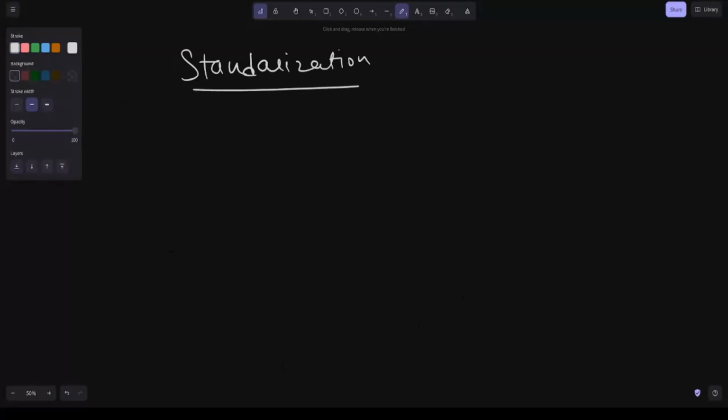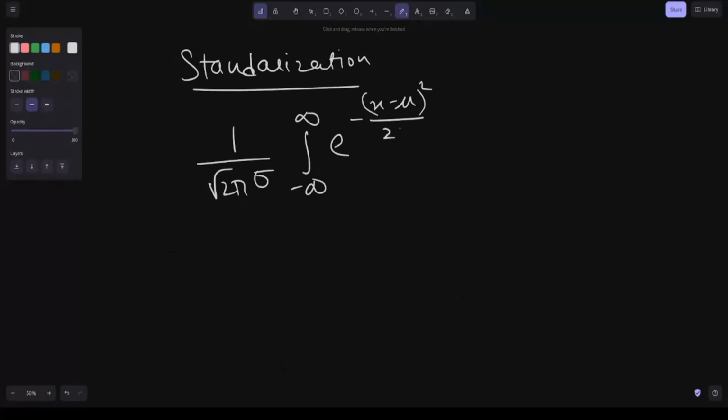For example, if you see this, 1 by root over 2 pi sigma integration from minus infinity to infinity e to the power minus (x minus mu) whole square by 2 sigma square dx. Take, not y, take z. Here you can see it is something like mu, sigma, right?